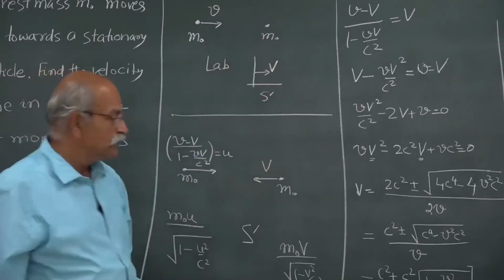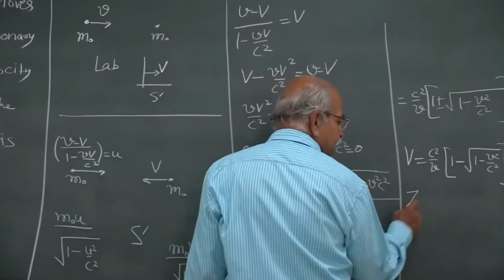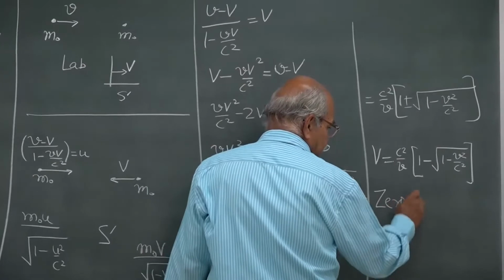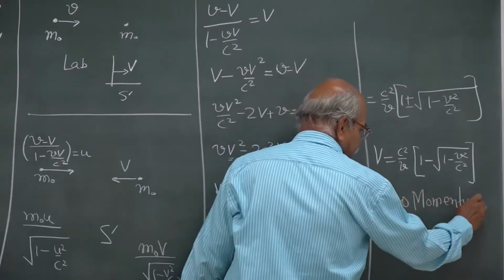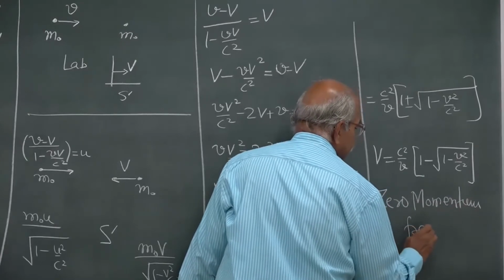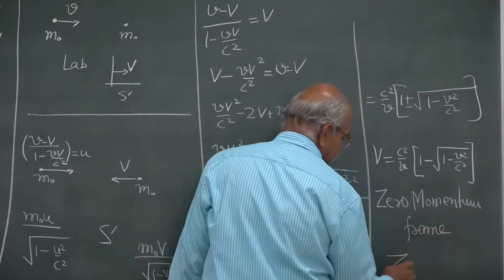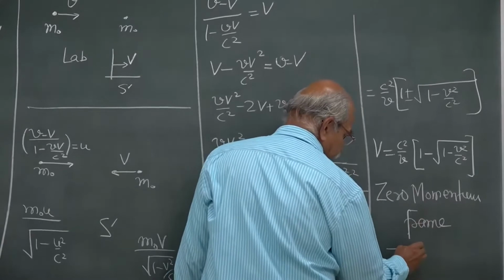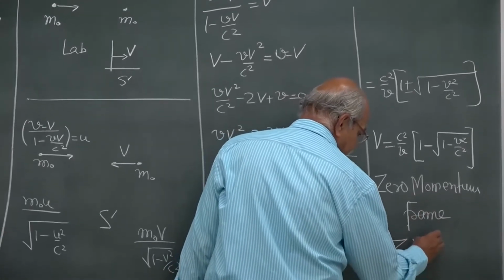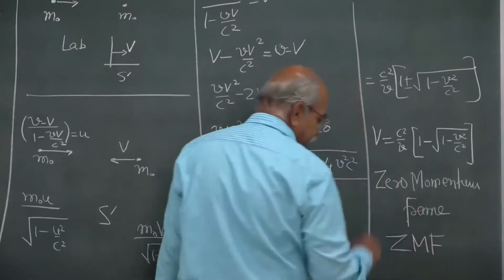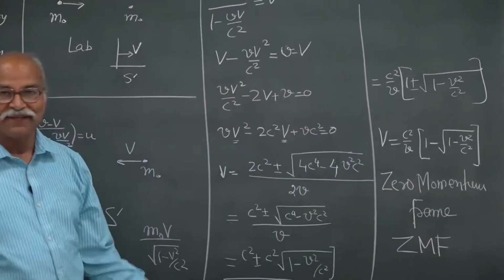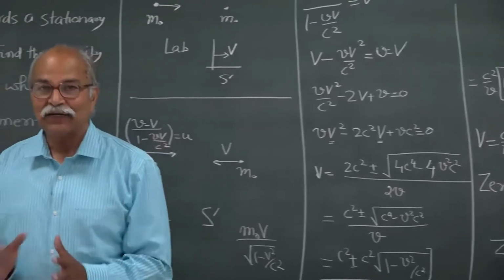But now it is this, we call it zero momentum frame. I will often use this, so let me abbreviate ZMF, zero momentum frame. In this frame the total momentum is 0.